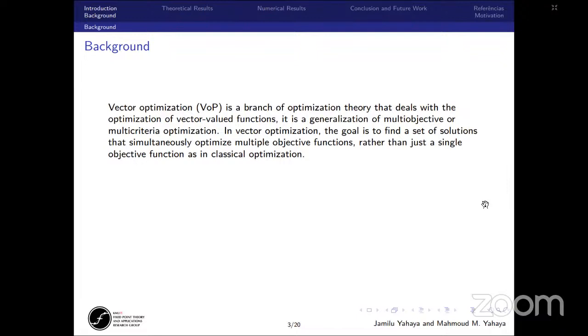The idea is how we can concurrently optimize objective functions in such a way that there is no loss in the process. Mathematically, the description of this kind of problem will be stated again. Next.